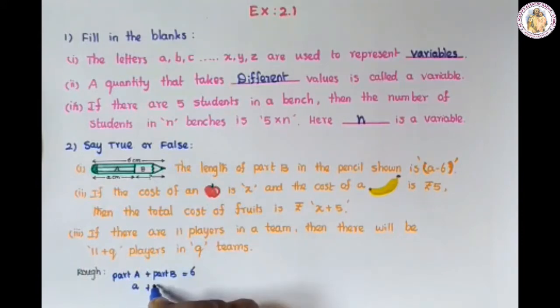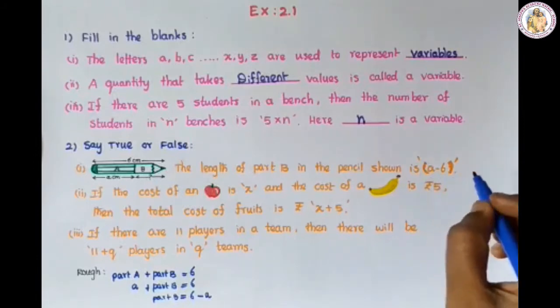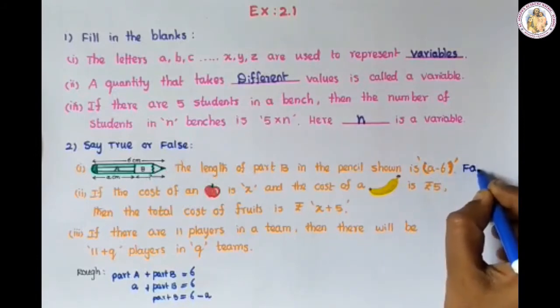So a plus part B equals 6, and part B equals 6 minus a, because bringing a to this side makes it minus. So 6 minus a is the length of part B. But they gave a minus 6. So that is false.